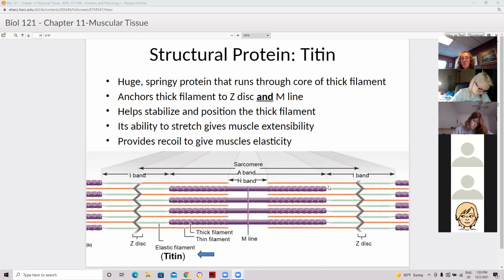So each sarcomere is made of overlapping thin filaments and thick filaments. And the titin runs through the core of the thick filament and attaches it to the Z disc.